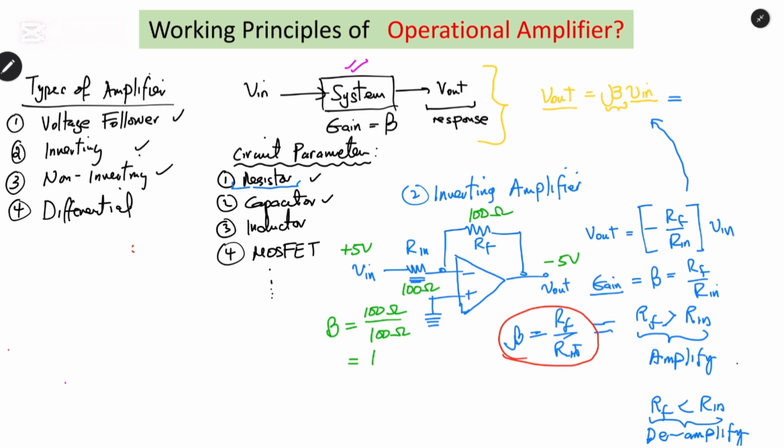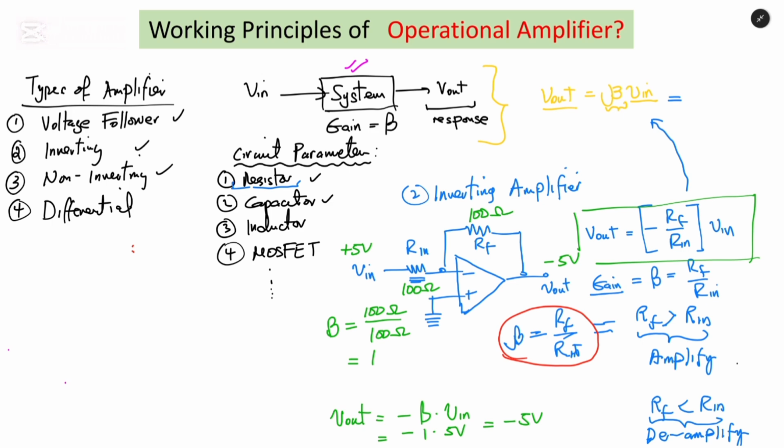By substituting into this equation, you now get Vout equals minus beta times Vin. So minus 1 times 5 volts, you now get minus 5 volts. So the gain will now become the control mechanism, where depending on the gain, the response will be produced based on the system requirement.